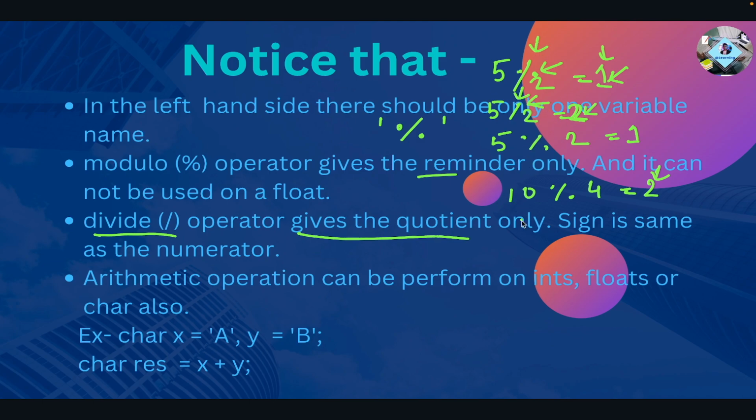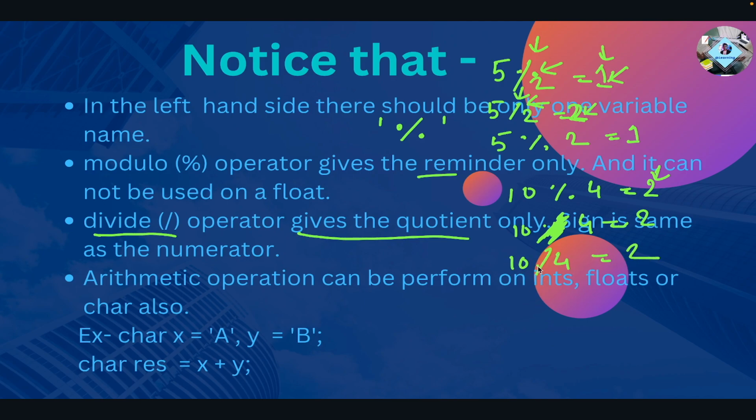So here what will happen? 10 divided by 4. The quotient is 2, right? 4 into 2 means 8, and the remainder is 2, right? Sorry, this will be division, not modulo. This will be only division. This will give you 2.